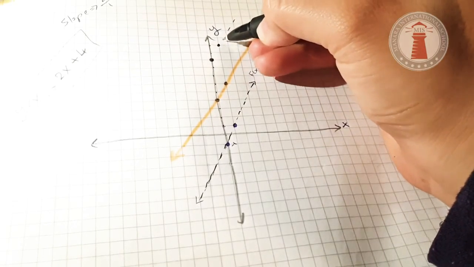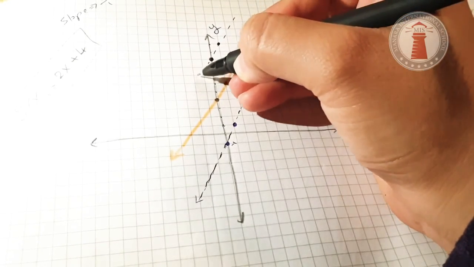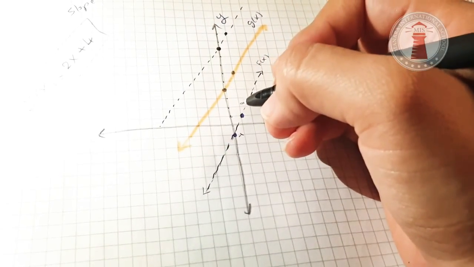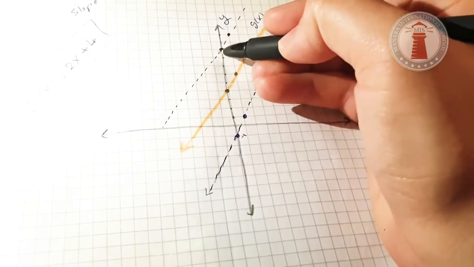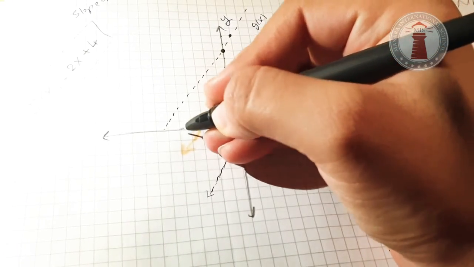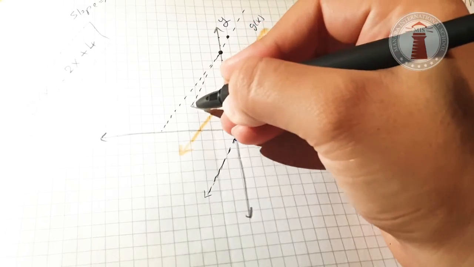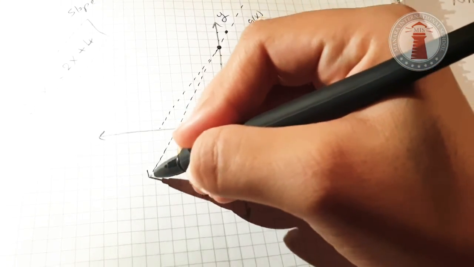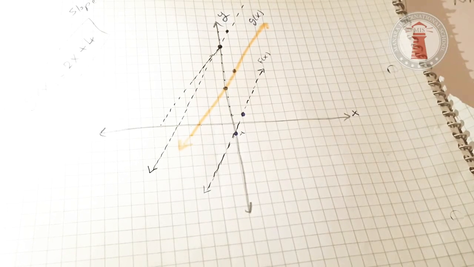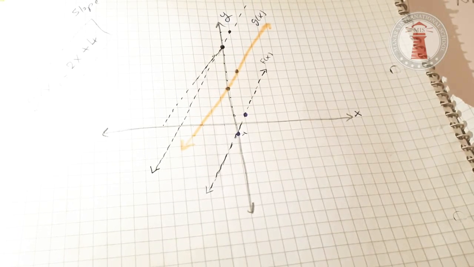Now let's connect these points and extend it until it crosses the x-axis. I'm not very accurate here. So it's 1, 2, 3, 4, 5. It's supposed to be like this. Okay, this is incorrect. Let's highlight it to be clear.